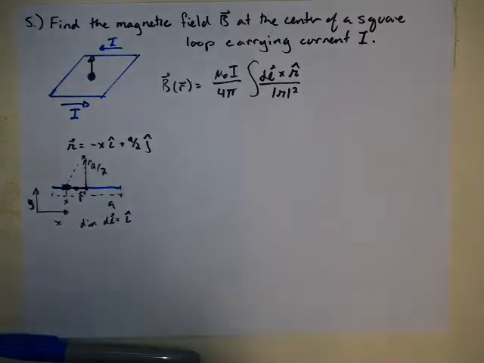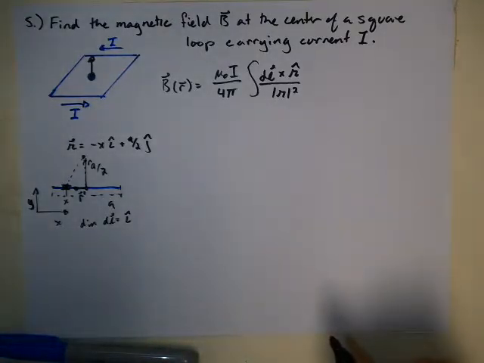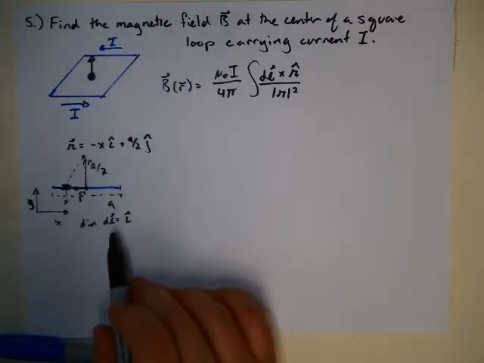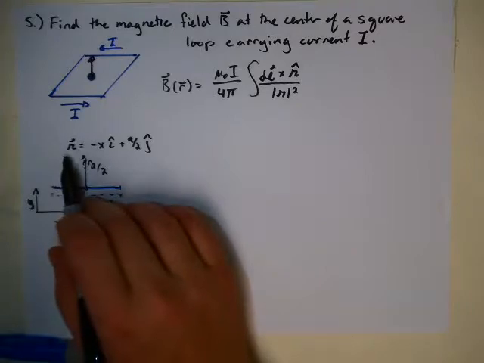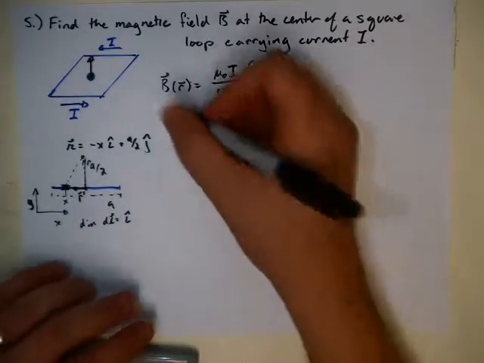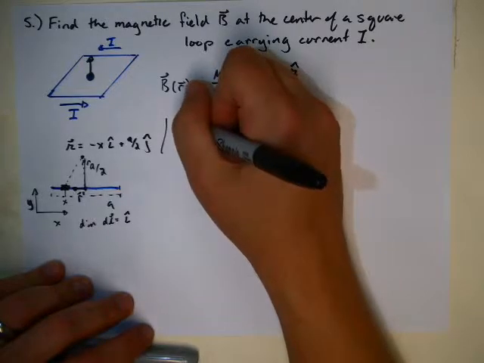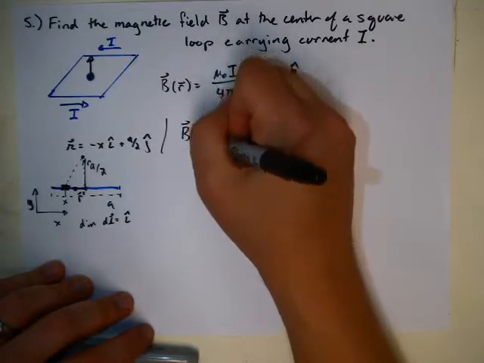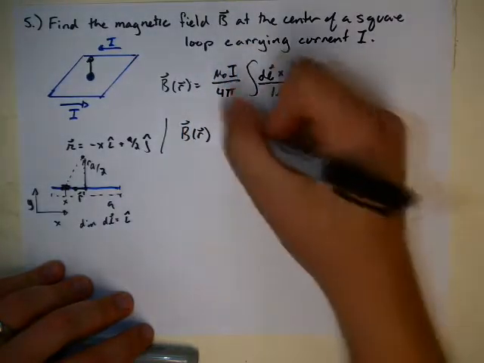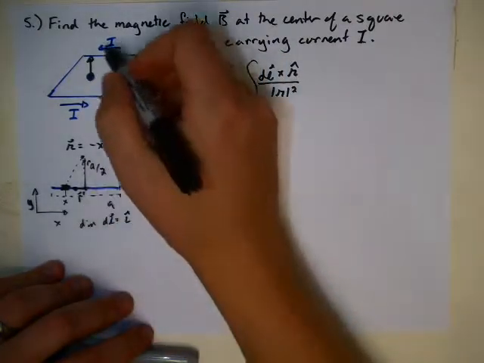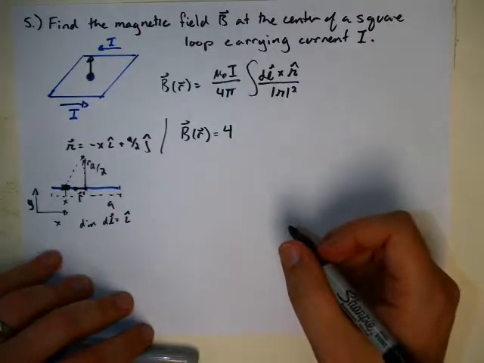Again, I only care about the z component, and since my dl is in the i hat direction, when I do dl cross r, I'm only going to care about the j hat part of this thing. So my B as a function of r, just using symmetry arguments, I'm going to get 4, since I have one from each of these 4 edges.